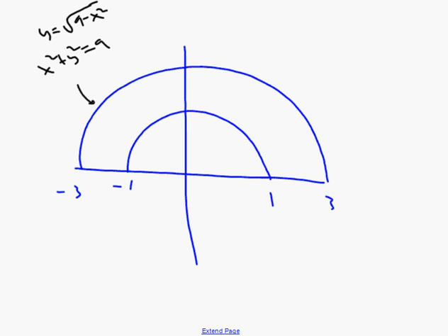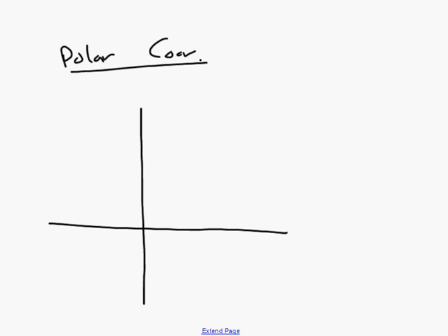Okay? So we need to remind ourselves of what polar coordinates are. Polar coordinates are simply this. If you want to locate a point in the plane, instead of specifying what x is and what y is, you do the following.